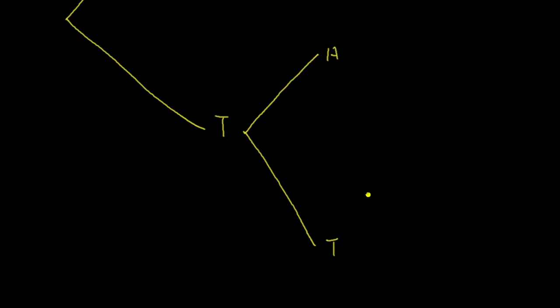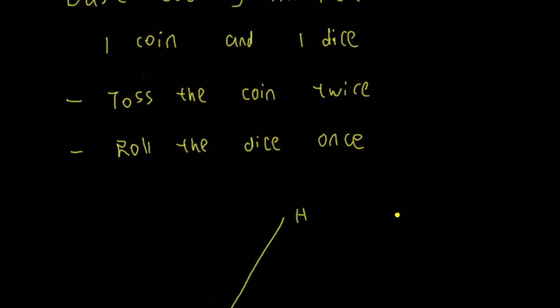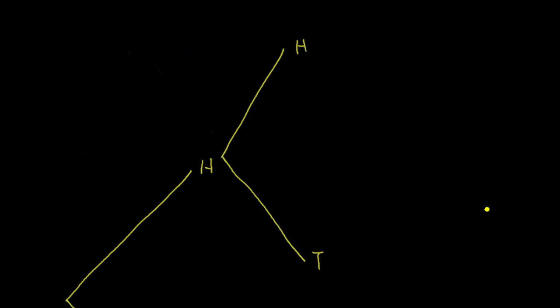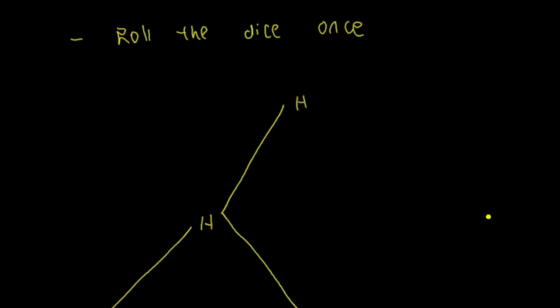So now you are going to roll the dice once here. How many possible outcomes do you have if you look at just rolling the dice? There are 6 sides on the dice, so only one side will show up.